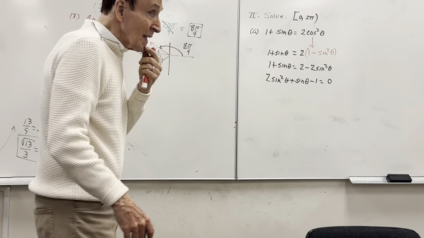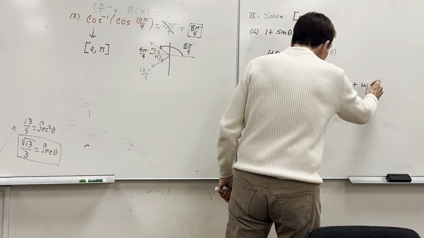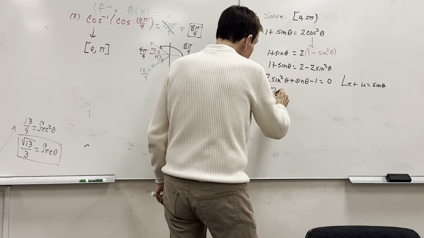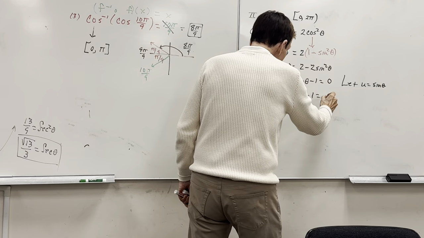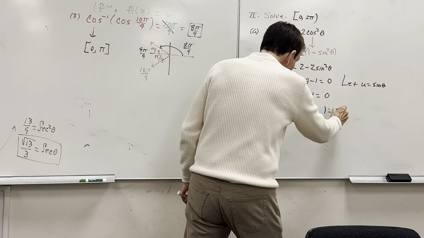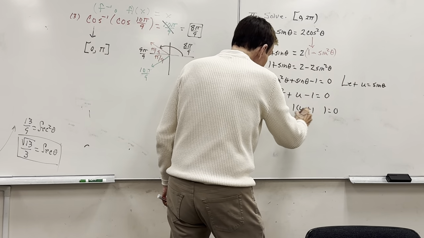Nathan? Let u equal sine. You end up with 2u squared plus u, subtract 1 is equal to 0. That will factor from algebra. I think it's 2u, and the plus 1 goes here, minus 1 goes there.